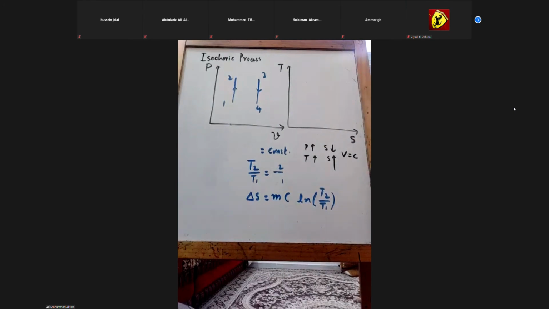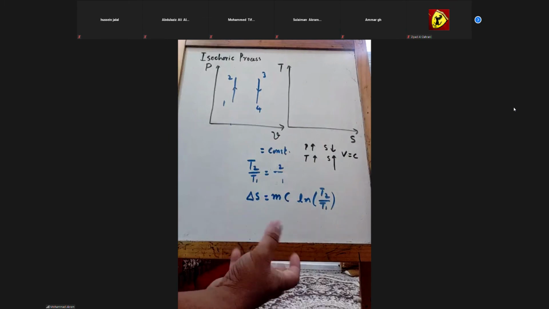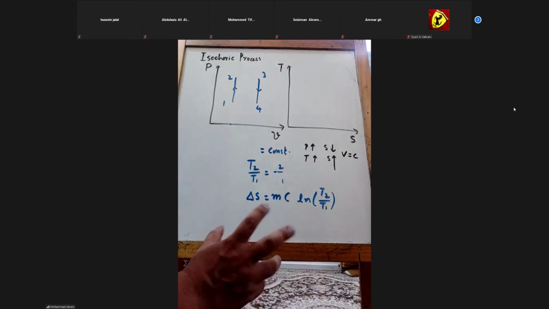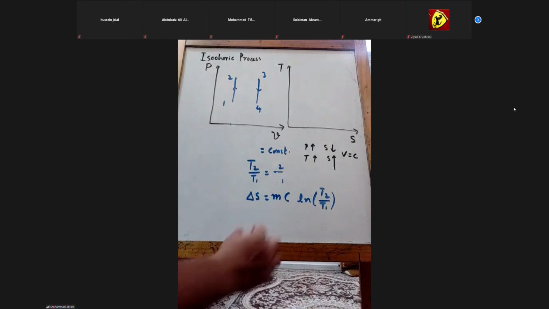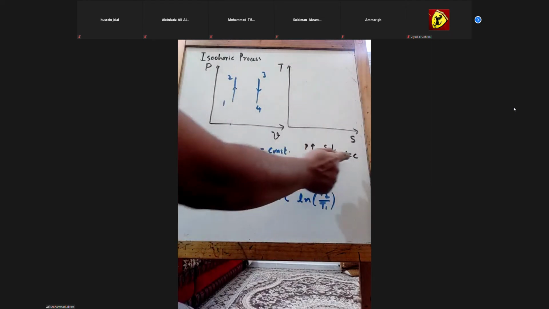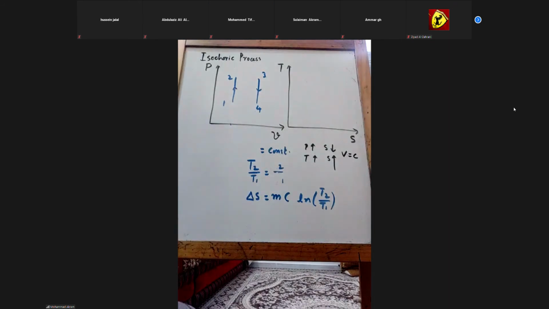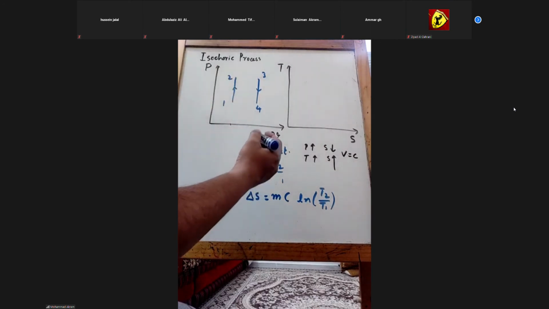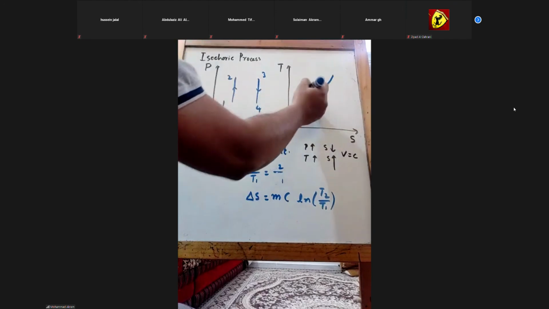If we increase pressure and temperature in such a way that we can make entropy constant, no problem, change in entropy we can make 0. But if we do it at constant volume, you cannot get constant entropy. For that, you need to change the volume as well. But if you do it at constant volume, then entropy is going to increase. So 1 to 2 is a straight line, so it will be a curve like this.